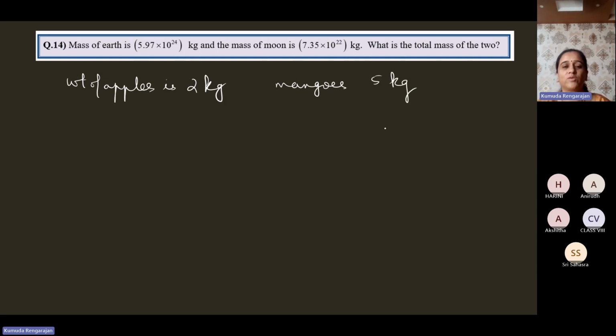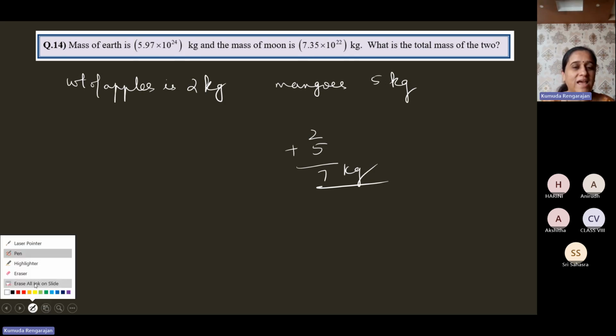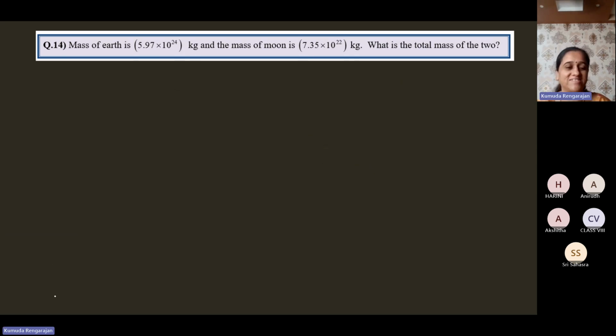What's the total weight of the two? 2 plus 5, 7 kgs. So here the numbers are different. The numbers are in the exponential form. To find the total mass, you should add. Yeah, but it's not as easy as second standard. Yeah, please do this. So it's addition basically.